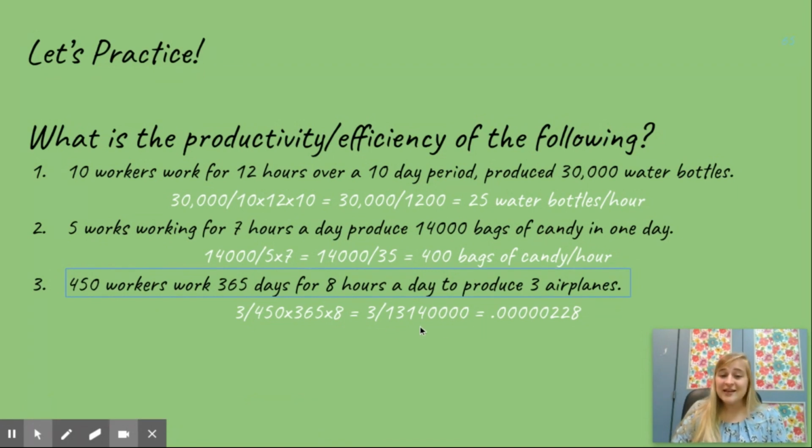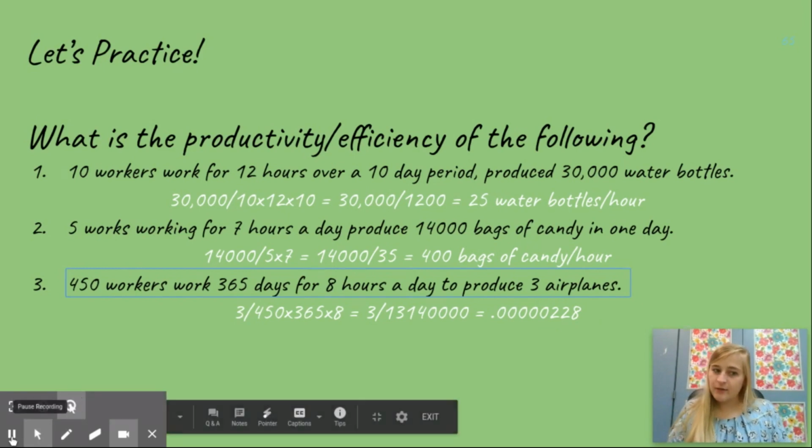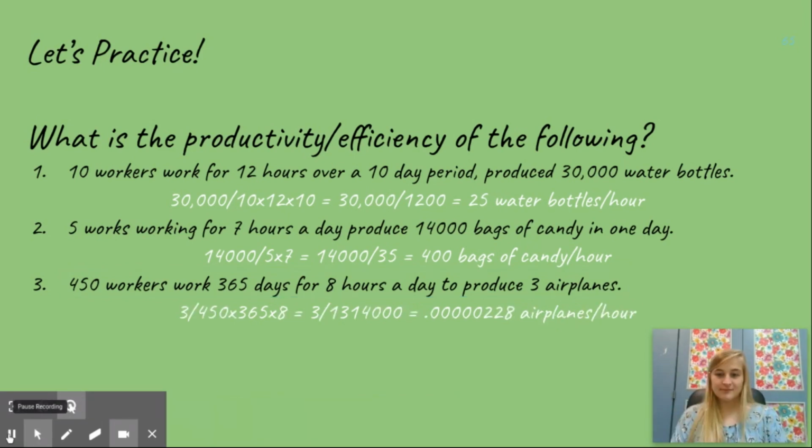Divide that and you get 0.0000228. So 0.0000228 what, Miss Keller? You didn't put it on there. All right, I fixed it. 0.0000228 airplanes per hour. So I'm showing you that the big things take a lot longer to make. But that still doesn't mean that factories and people building these things aren't looking at their efficiency.